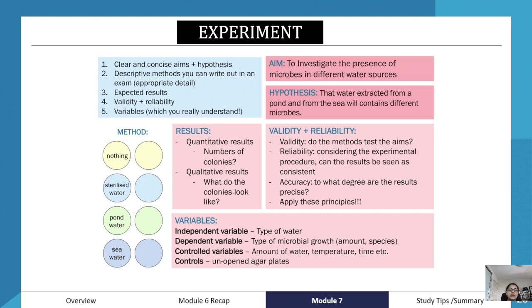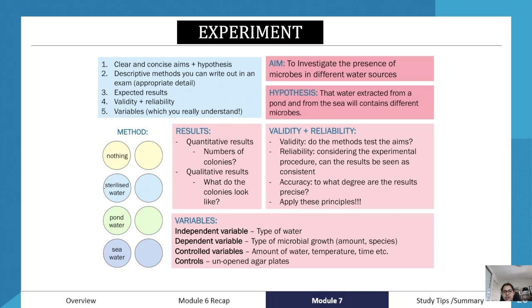Finally, controls. A control can be a sealed, unopened agar plate which has nothing growing on it. That can be a control, because it will tell you that there's no bacteria grown on it because it's been unopened and sealed, in comparison to the agar plates that have got the sterilized water, pond water and seawater.